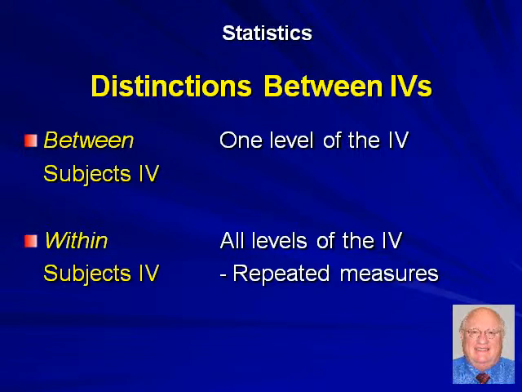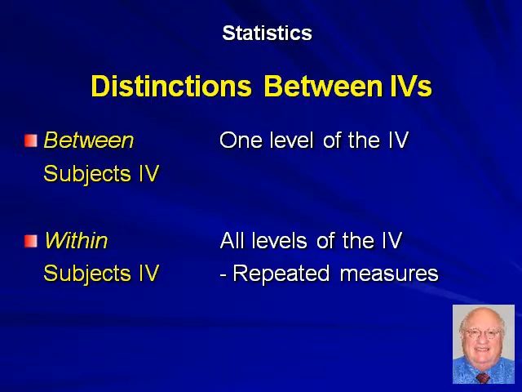To look a little further at independent variables, we can make some additional distinctions. In this slide, we'll discuss the difference between a between subjects independent variable and a within subjects independent variable. In a between subjects independent variable, a participant appears in only one level of the independent variable.